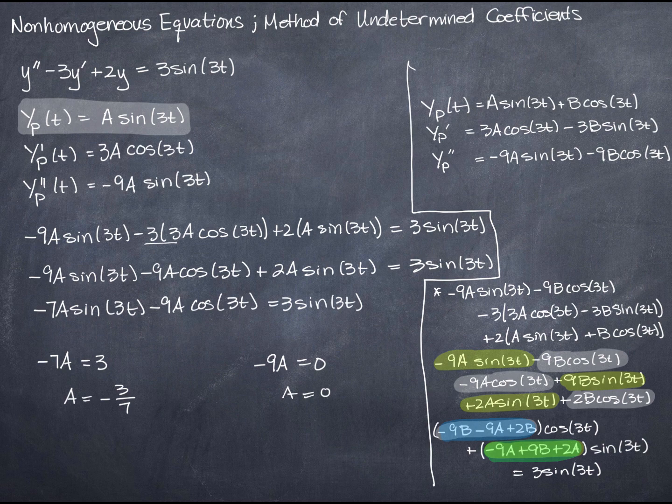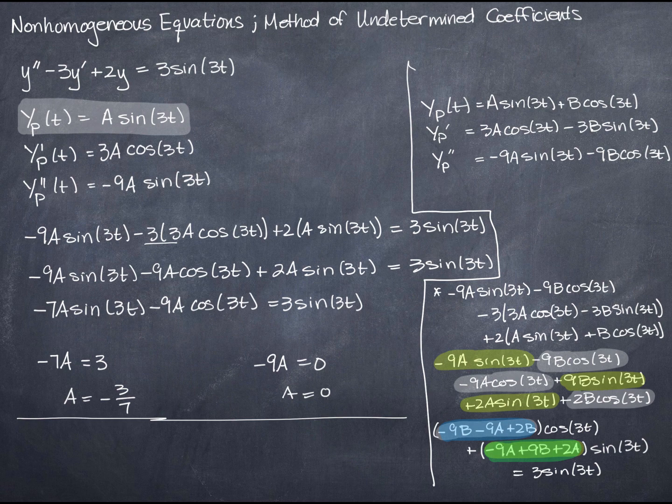So that's going to suggest a system of equations, or you could do this with a matrix, kind of depends on what you're comfortable with. I'm going to note, first of all, that my negative 9b minus 9a plus 2b could be further combined.